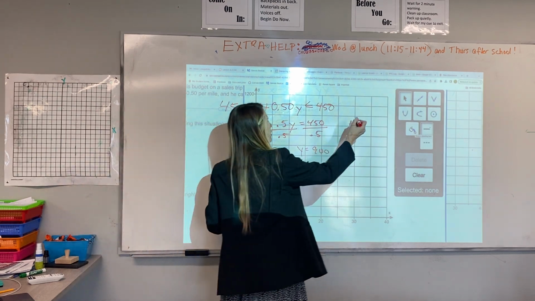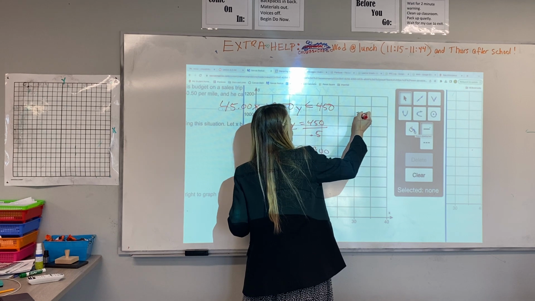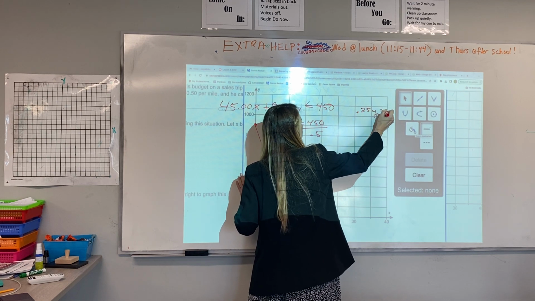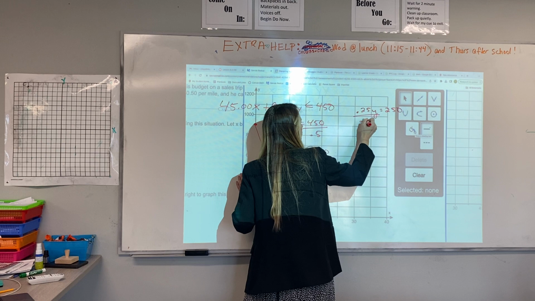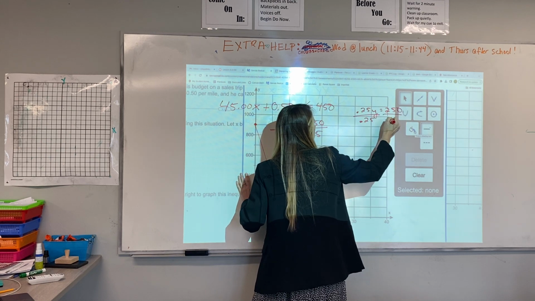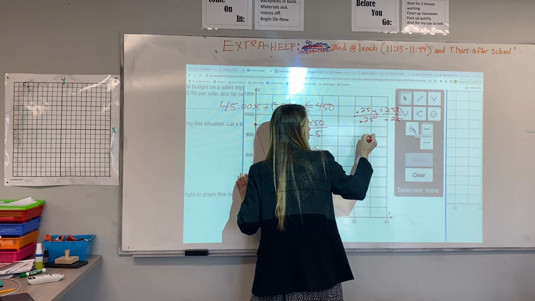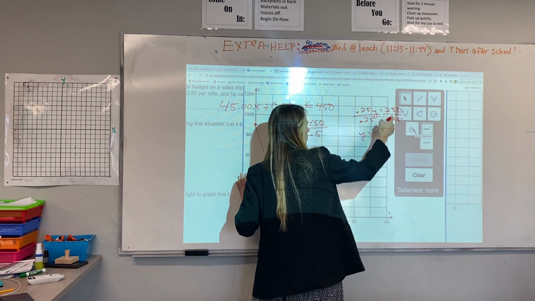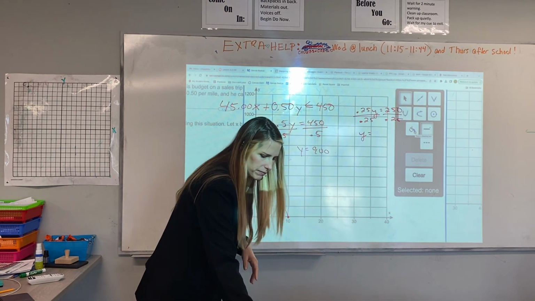Yours is 0.25y equals 250. Divide by 0.25 on both sides. So you have y equals 250 divided by 0.25.